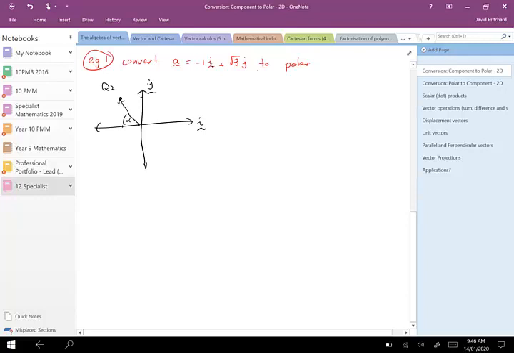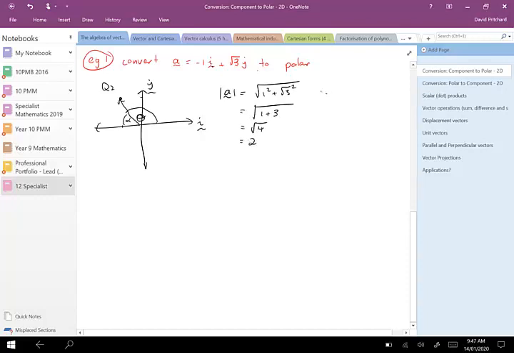So this will be alpha. We want to find this angle from the positive i-axis, and we want to find the magnitude. So we'll start by finding the magnitude. Magnitude is the square root of 1 squared plus root 3 squared. You'll notice I didn't bother putting the sign in. Obviously, any negative number squared will be positive. So 1 plus 3, square root of 4, we get 2.